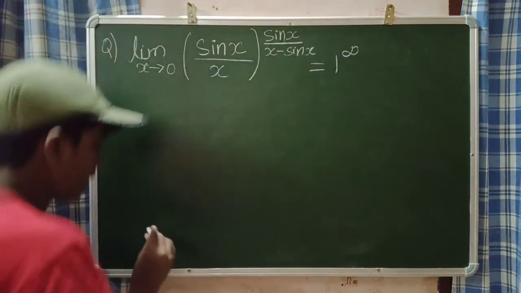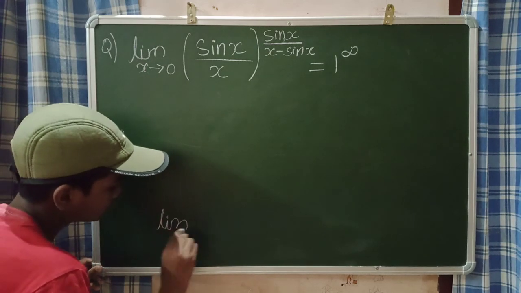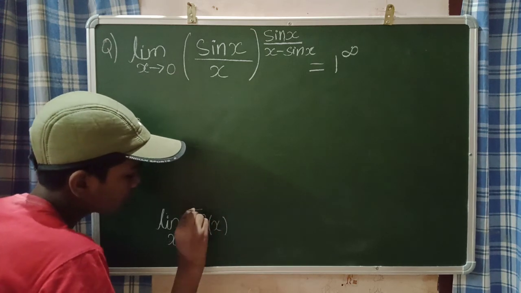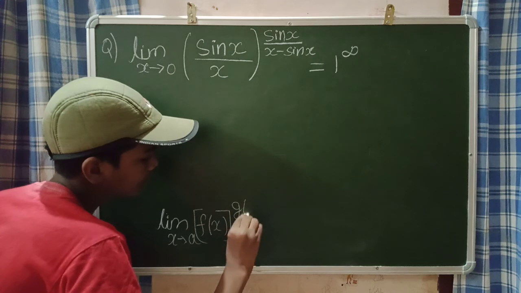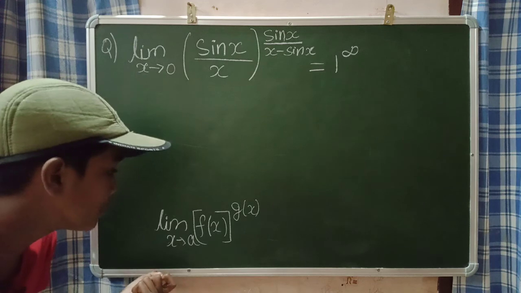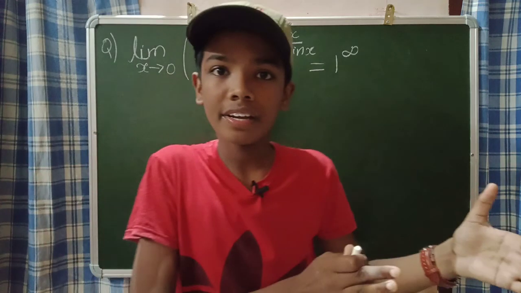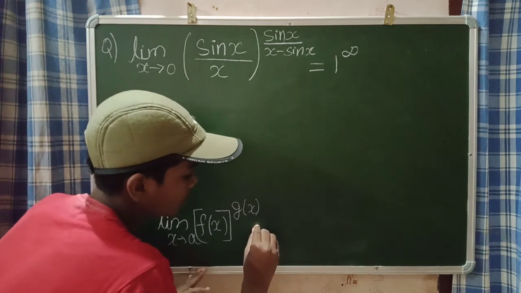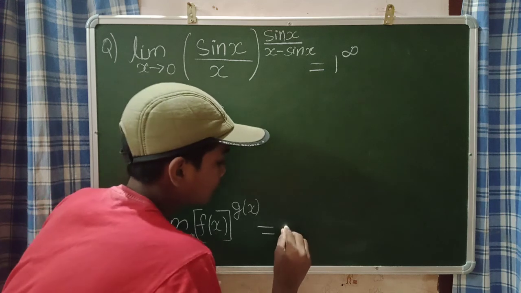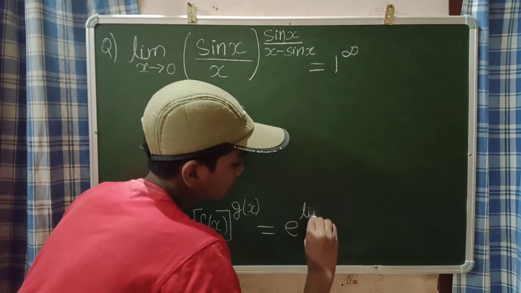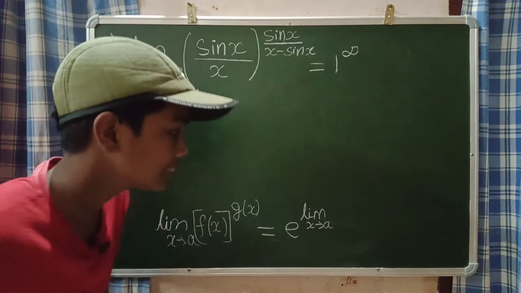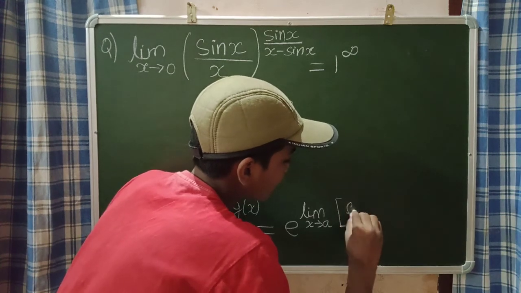So limit of x tends to a of f of x to the power of g of x, when this limit is 1 to the power of infinity based on the direct substitution method, that means when you put x as a, if you get 1 to the power of infinity, then this indeterminate form can be broken down by a simple method, which is known as e to the power of limit of x tends to a only, of f of x minus 1.